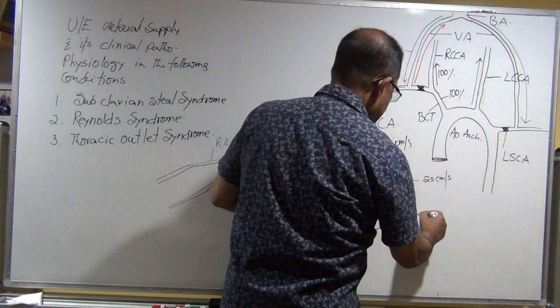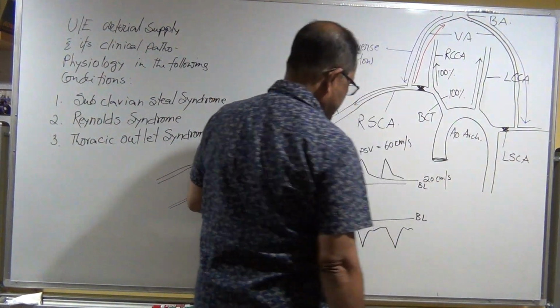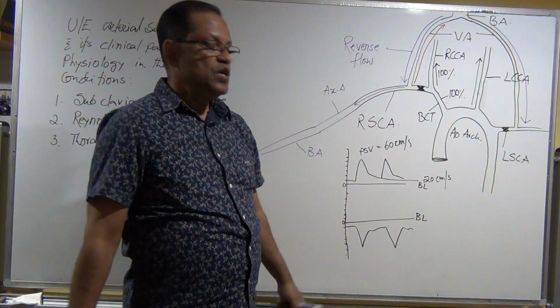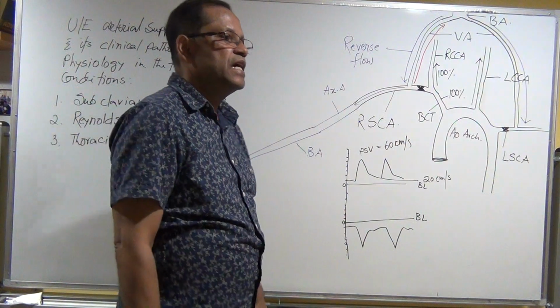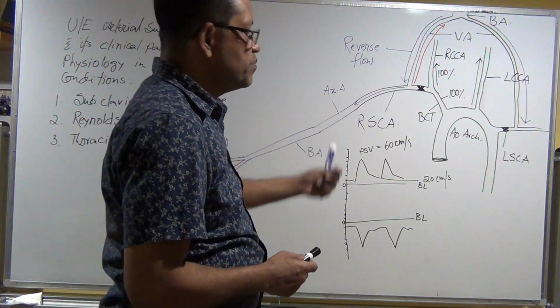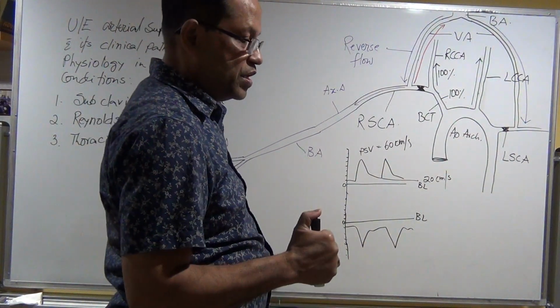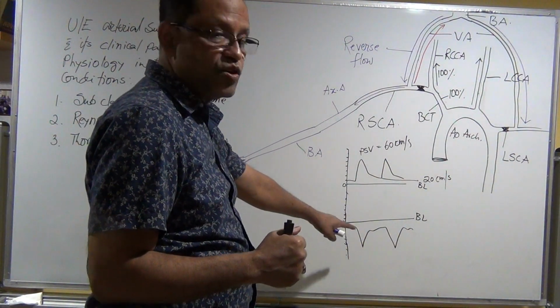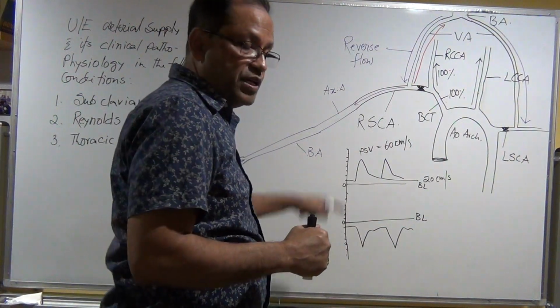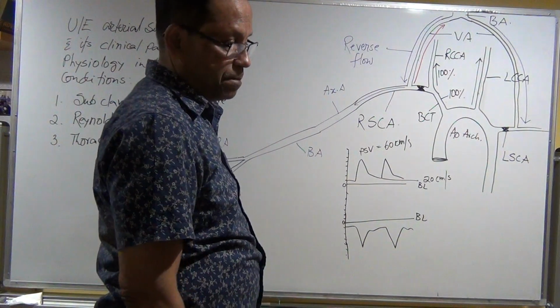This is baseline, and it is reverse flow. So this is a condition in which the blood is moving backwards. Okay, make sure you check. It is not an error. It is the reality. It has been happening.